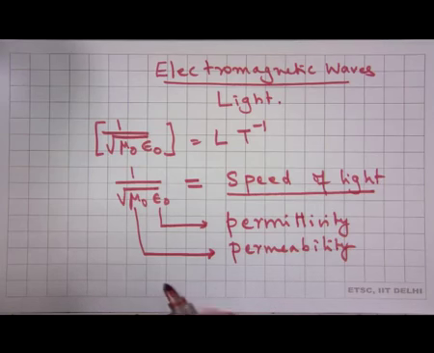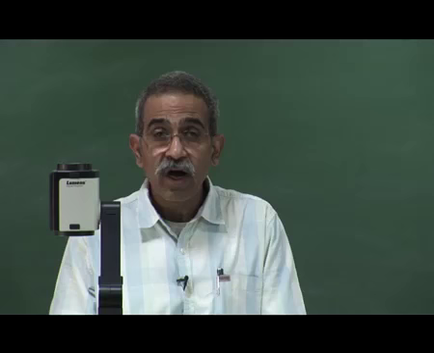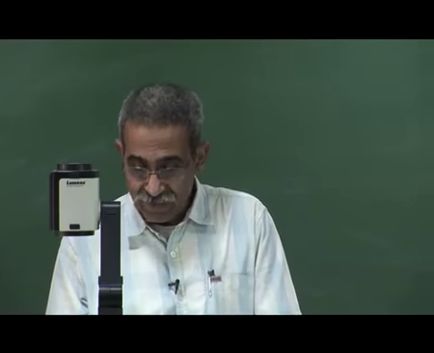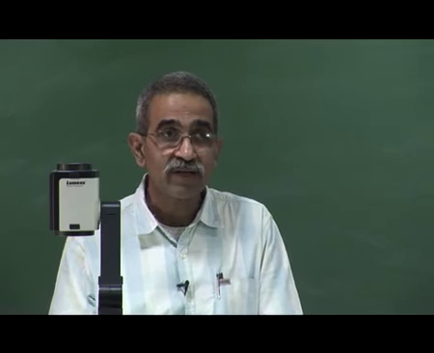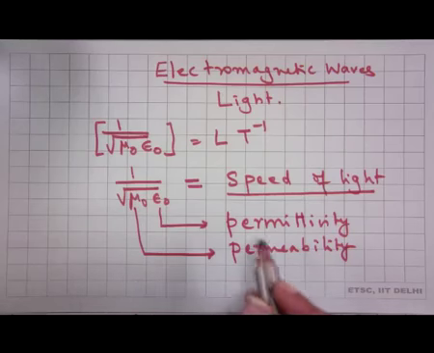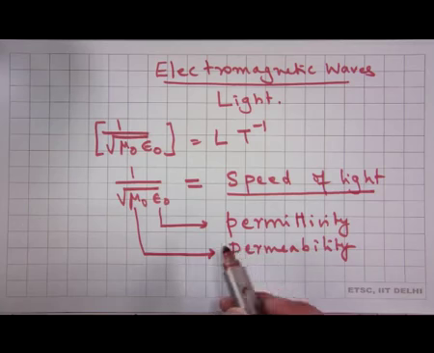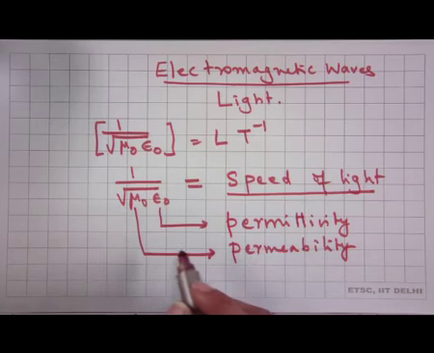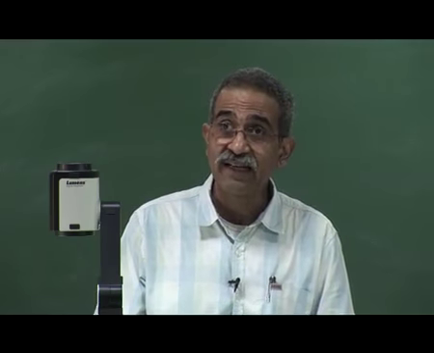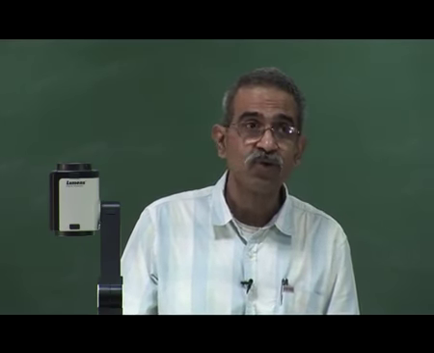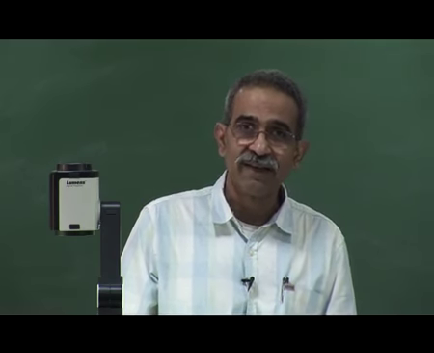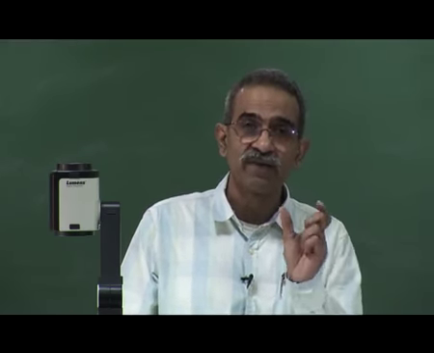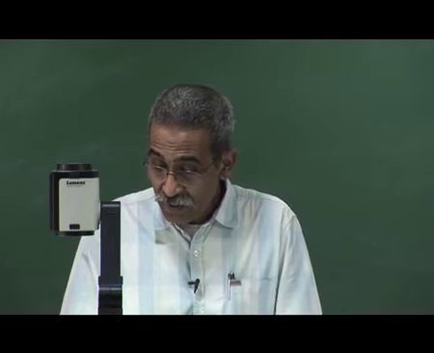So the speed of light depends on what we can crudely call the magnetic properties of the free space, which is characterized by mu naught, and the electric properties of the free space, which we call epsilon naught. So it is very tempting, and that is exactly what Maxwell did, and that is what led him to speculate and predict that what we call as light is nothing but a part of the electromagnetic spectrum.